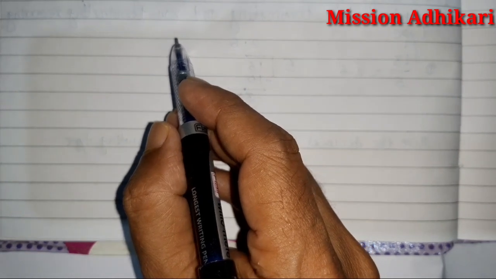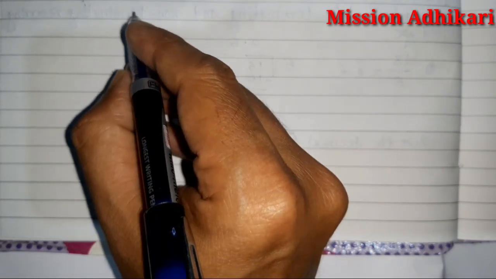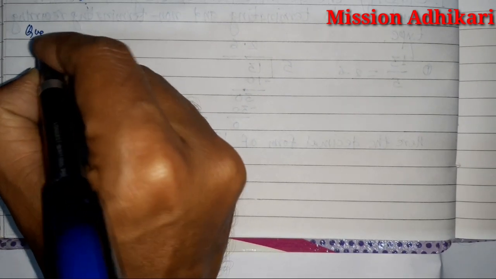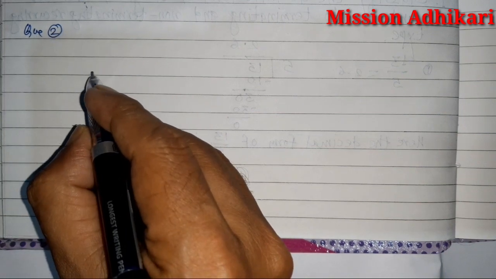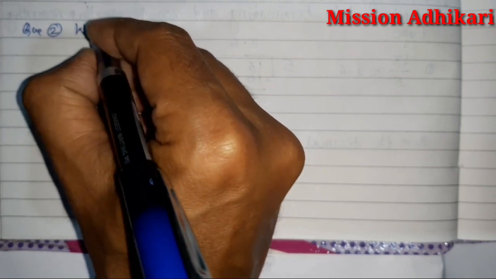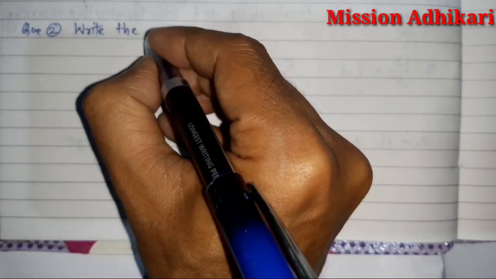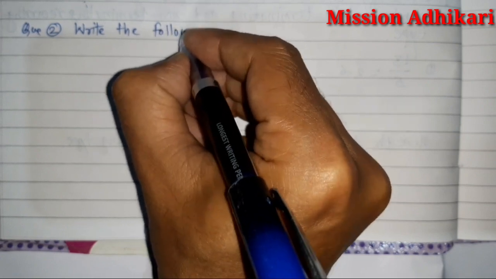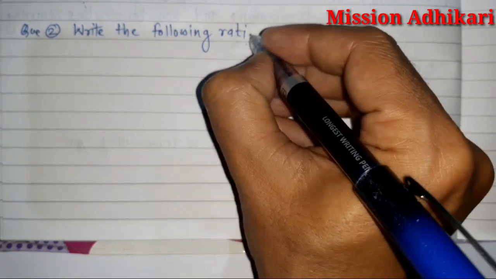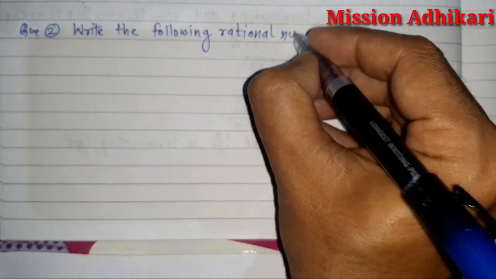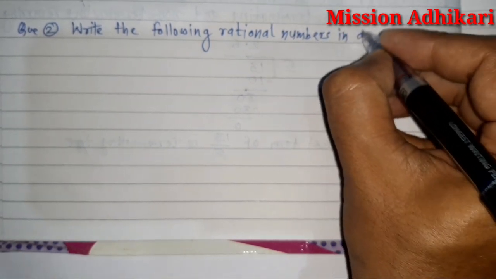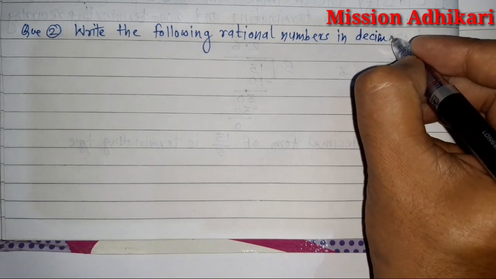In practice set 2.1, question number 2: write the following rational numbers in decimal form.